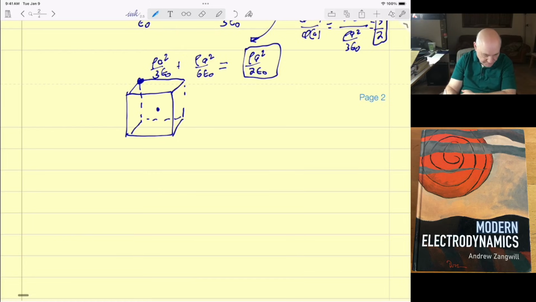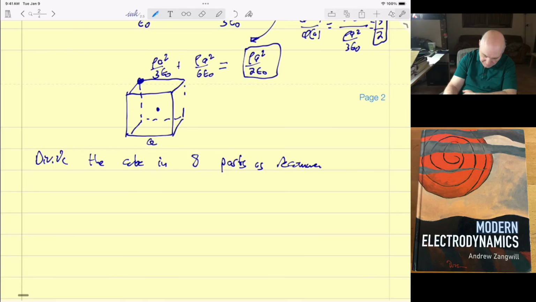Now, we can divide the cube into 8 parts. So this is a side A. So these 8 parts would just be 8 cubes of side A over 2.